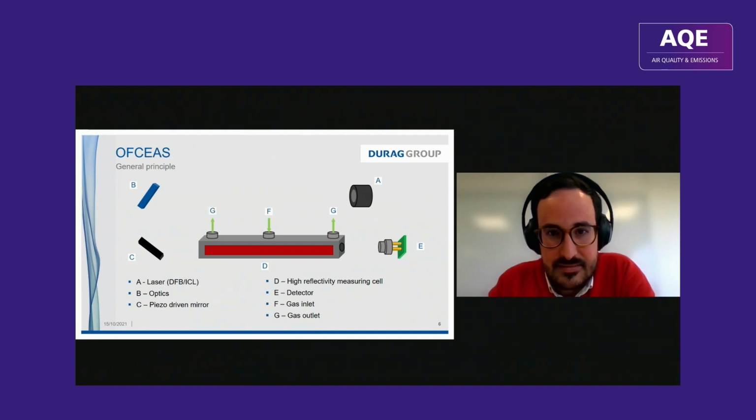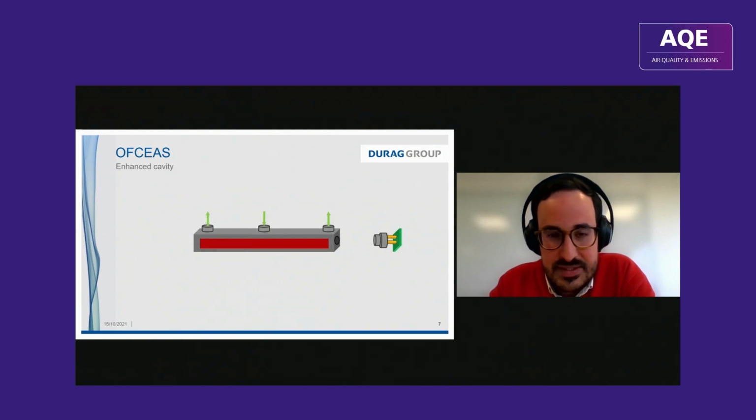The emission gas goes in and out of the measuring cell, and you send the beam of the laser inside it. There is an interaction between the light and the gas, and then the remaining light goes to the detector.